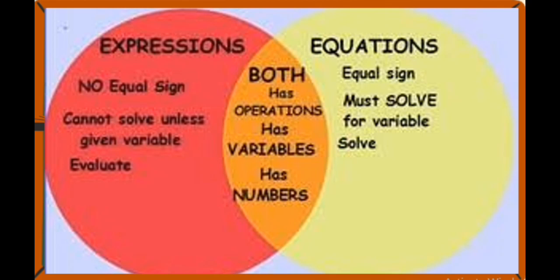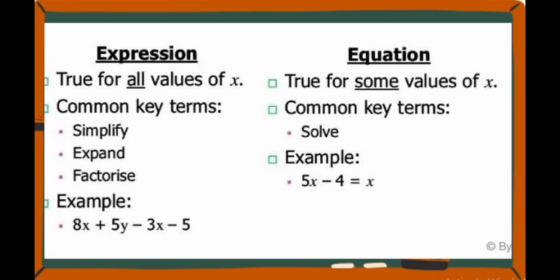The similarity between equation and expression is that they both have numbers and operations. So if you hear simplify, expand, factorize, that means they're talking about what? Expression. When you hear solve, they're talking about what? Equation.